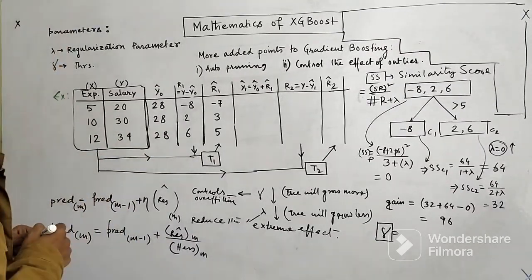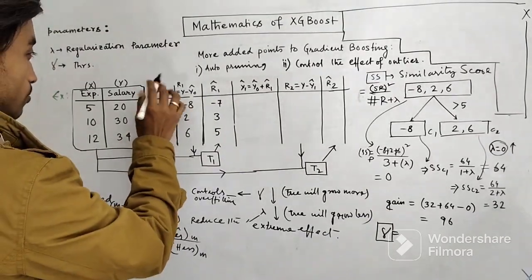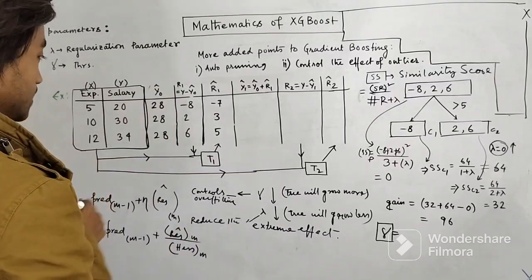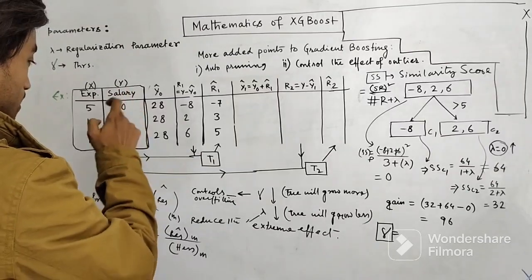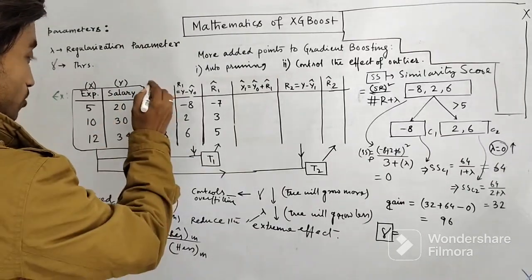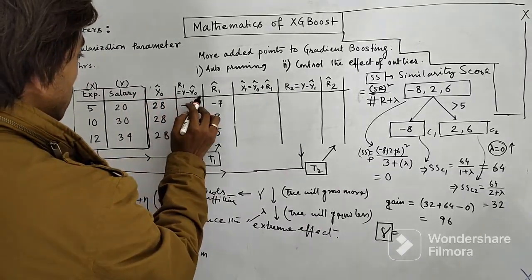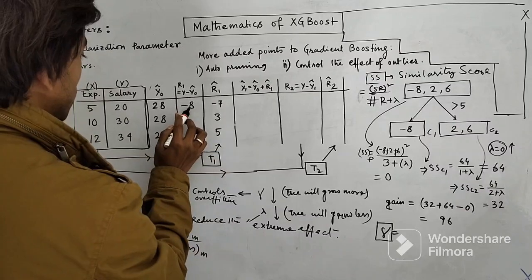So what was the first idea? Try to predict y0 hat, which is nothing but the average of these three salaries. This is the base model. From the base model, the residual will be 20 minus 28, that is minus 8.